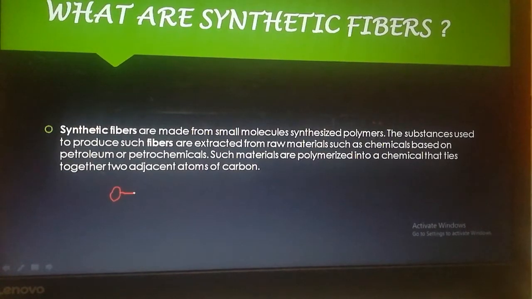You can see how the small units make a polymer. The polymers have two types of structure, linear monomers or cross-linked monomers. When there is a single line of monomers, it is called linear.